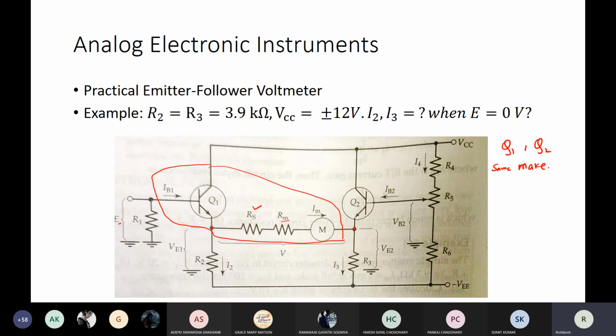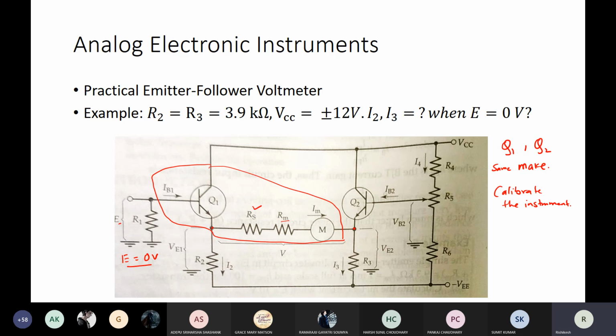Now in this circuit, we first have to calibrate the instrument. What that means is that first we set E equal to 0 volts.